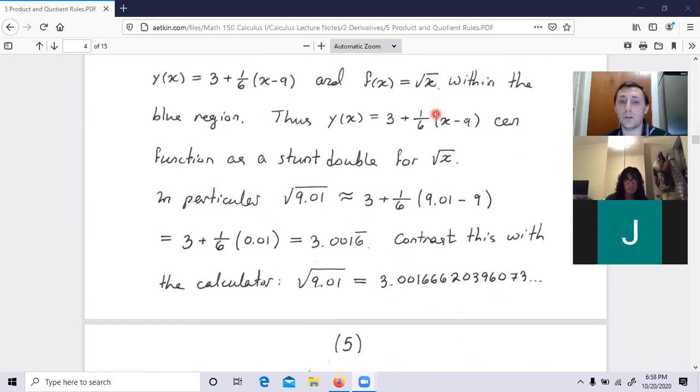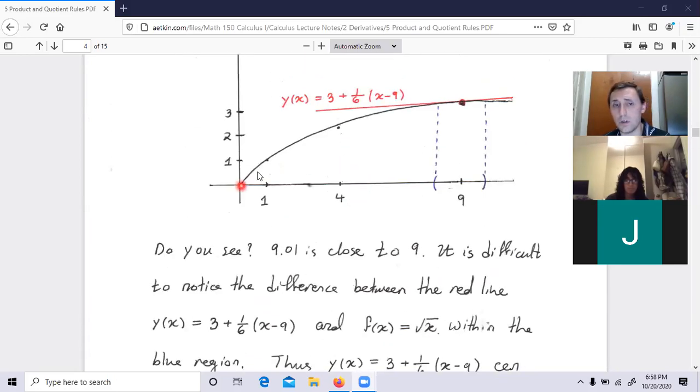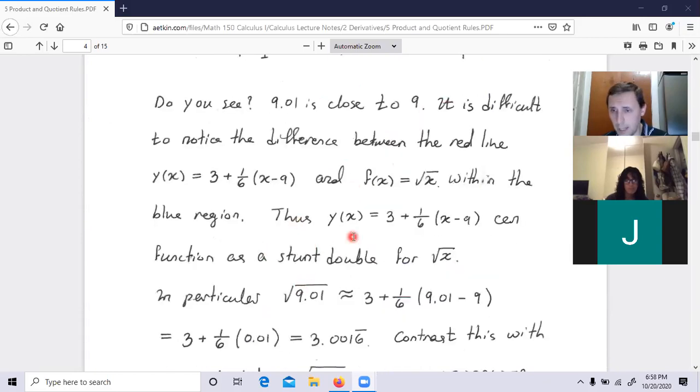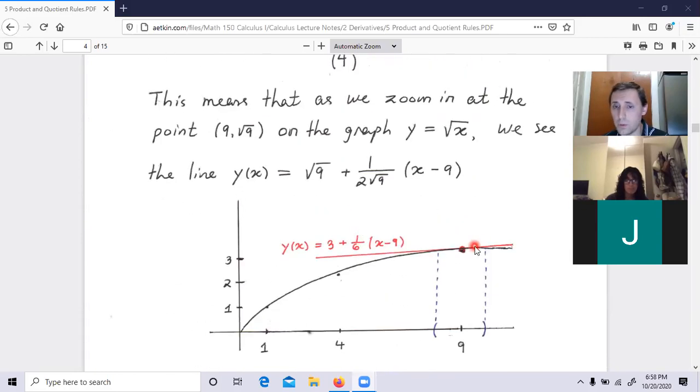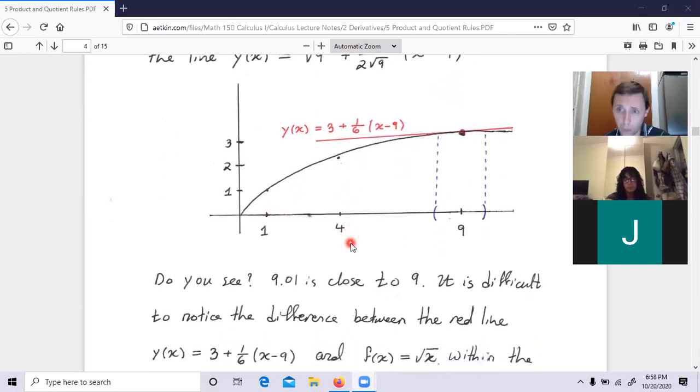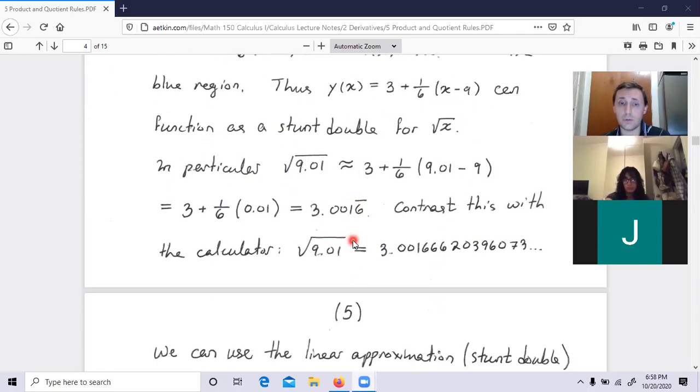So when I zoom in locally, this is not why I like linear approximation, not really to approximate the function, but really to understand something about that function. I can understand properties of the product rule, which is what I'm trying to understand currently, and I'm trying to show how that would work.